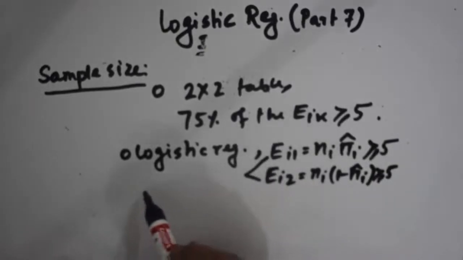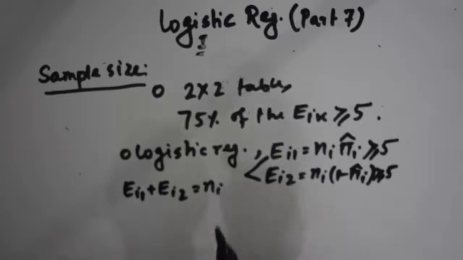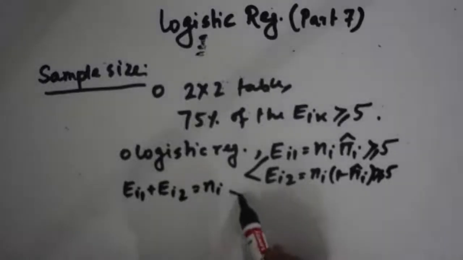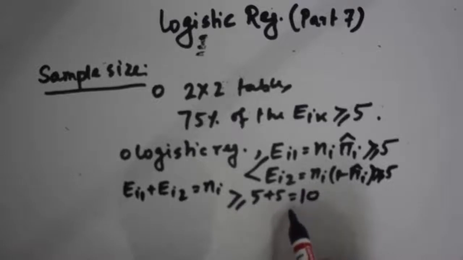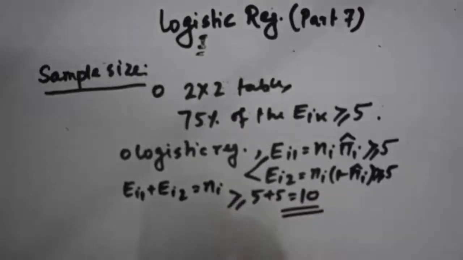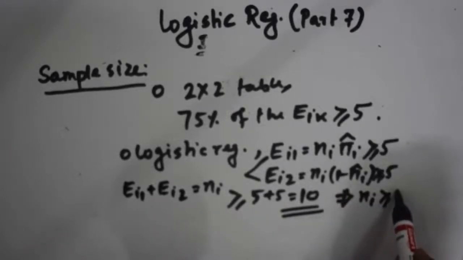Now if we add these two values, E_i1 plus E_i2, we get simply small n_i, and that should be greater than or equal to 5 plus 5, 10. So n_i should be greater than or equal to 10.